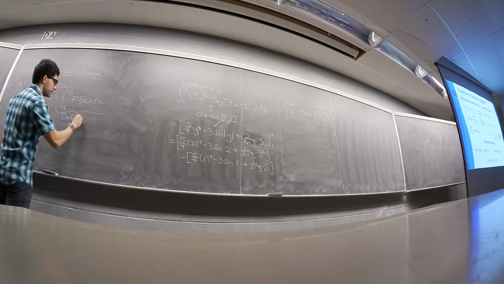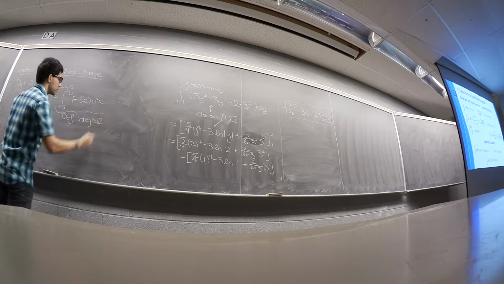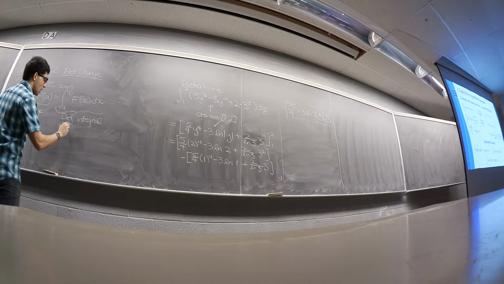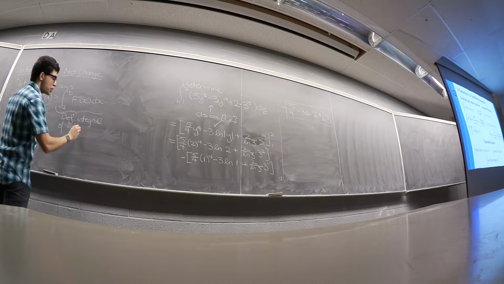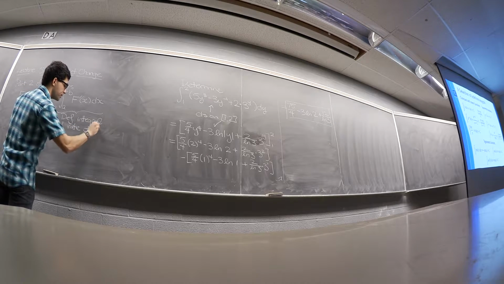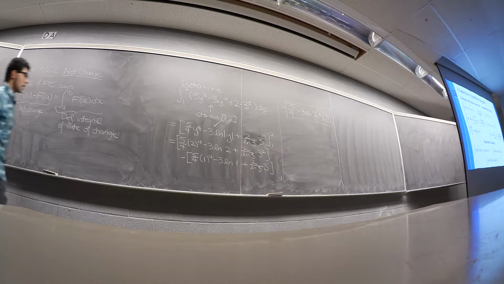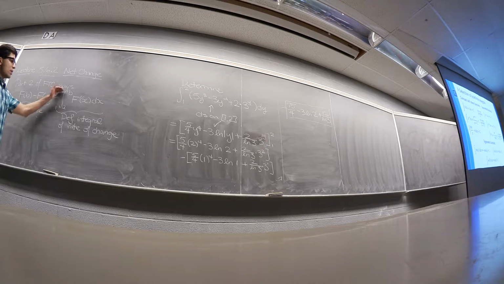That's the definite integral of the instantaneous rate of change of f from a to b. So we can get the net change in something by integrating the instantaneous rate of change. Cool? Just a billion sides of the same coin.